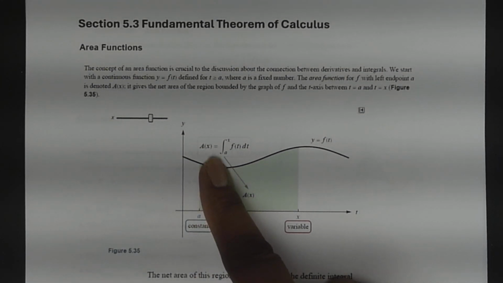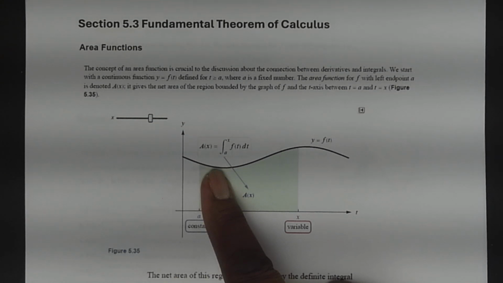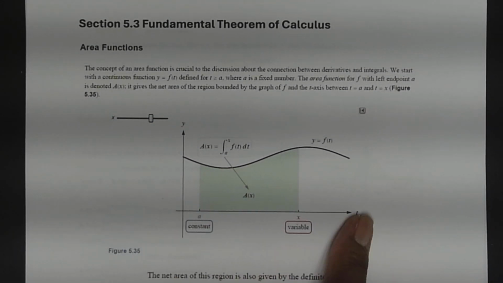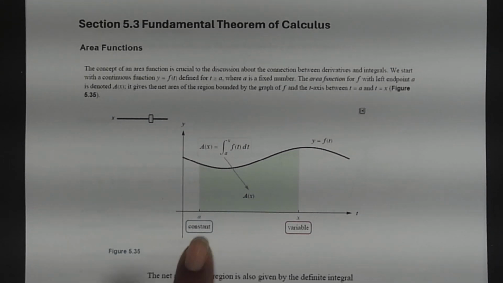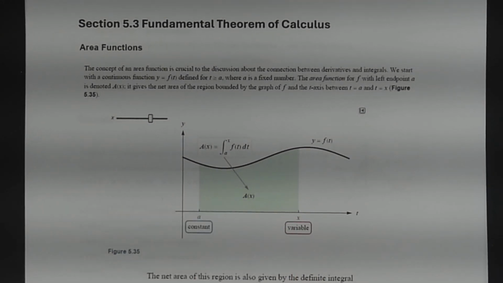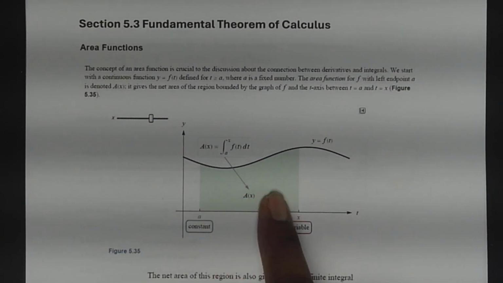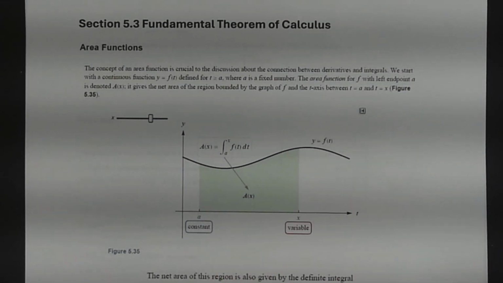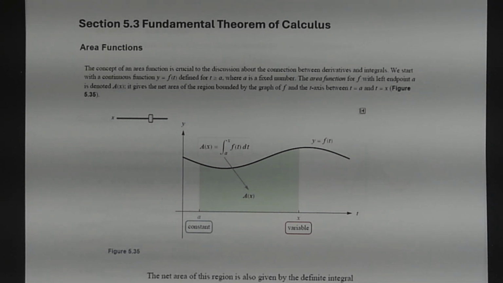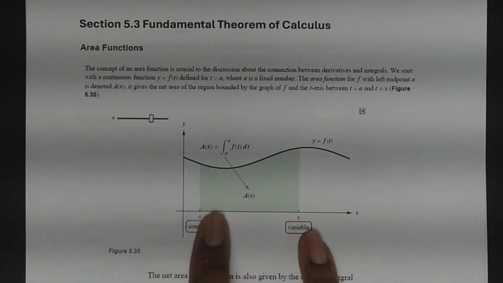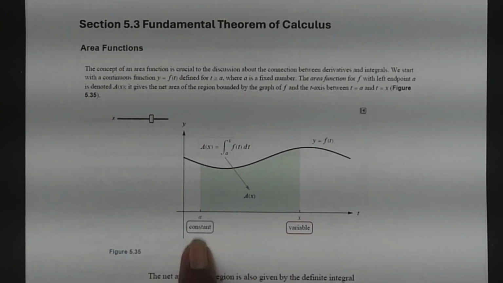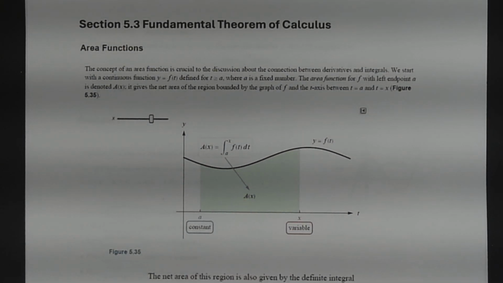And it gives the net area of the region bounded by the graph of f and the t-axis between a and x, as you can see here in this figure.